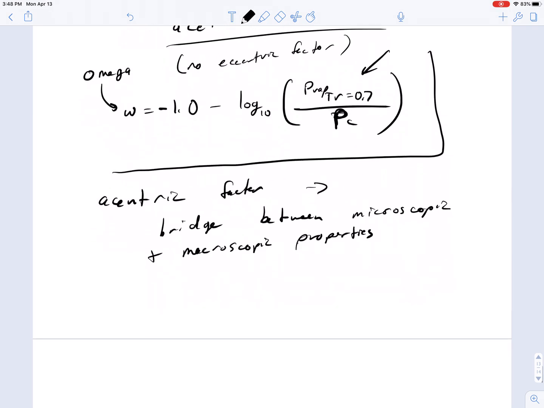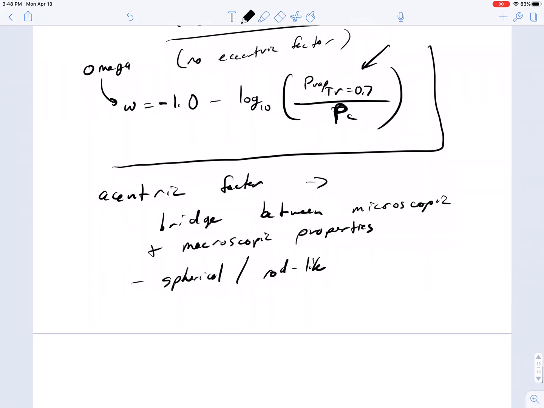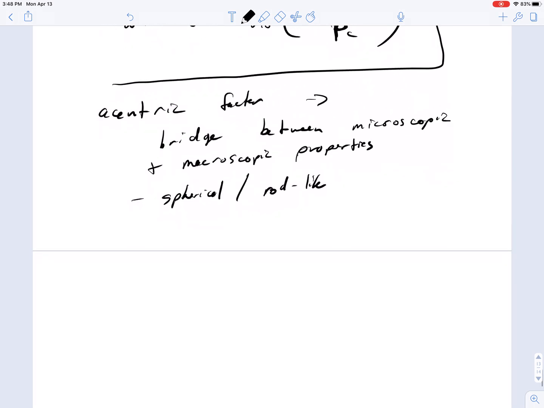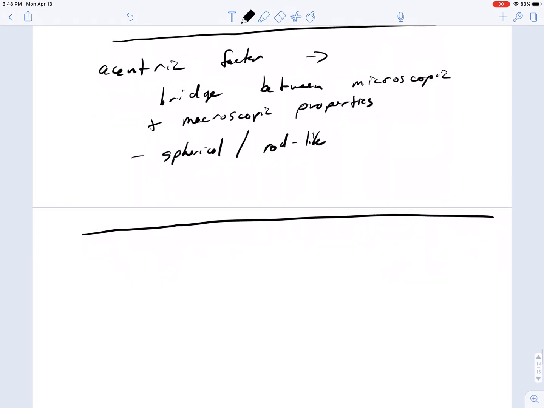It has to do with the molecular structure. Is it spherical, or is it rod-like, with dipoles and moments and things like that? So that's a useful term, and it's used a lot in an equation of state that is pretty heavily used.